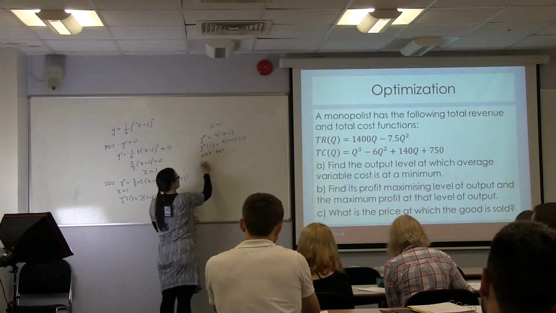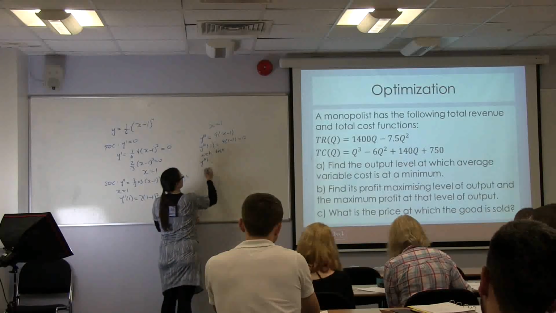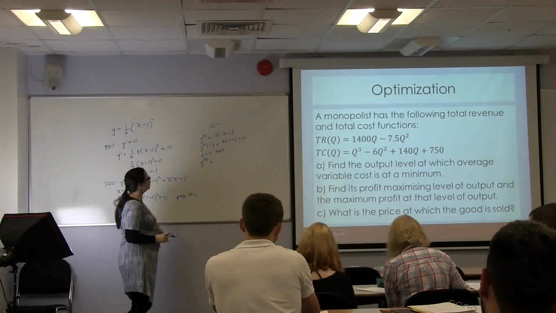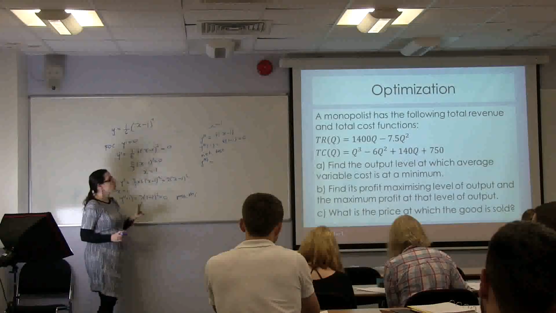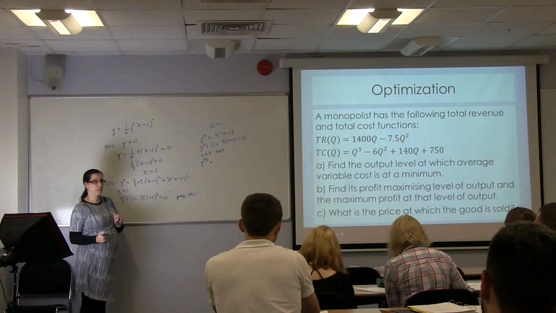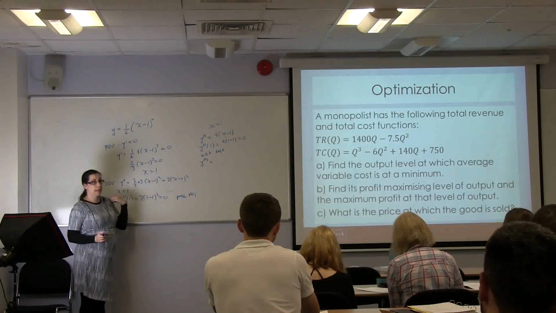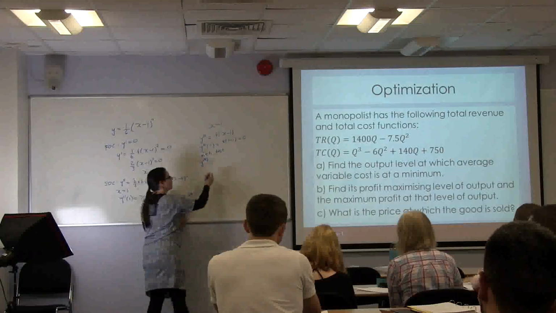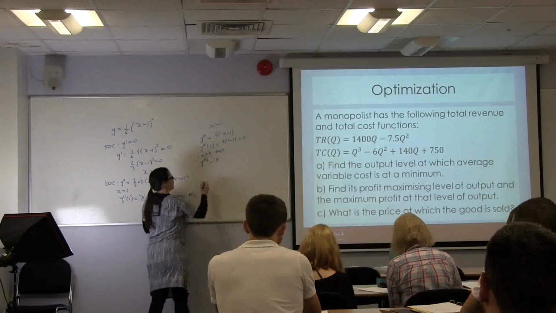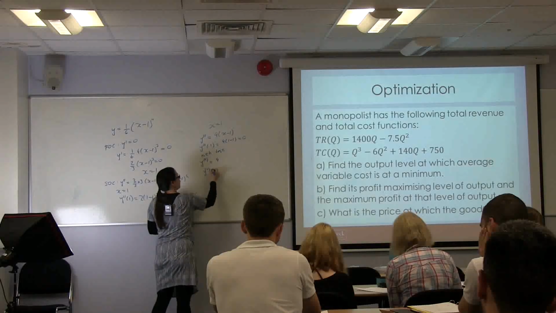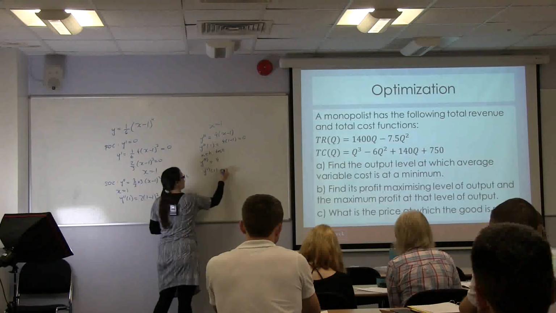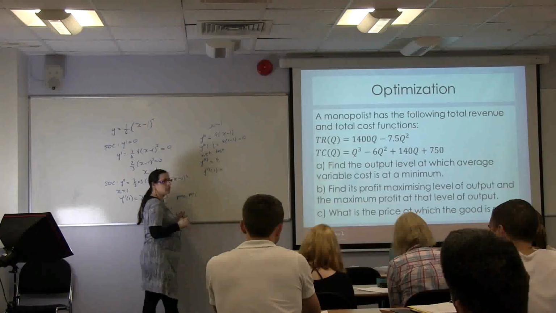So what I need to do now, I need to find the fourth order derivative. The third order derivative was 4 times (x minus 1). So the fourth order derivative then will be 4. Now, this derivative at x equals 1 is 4 as well.